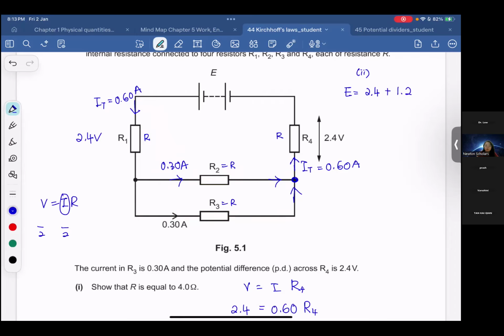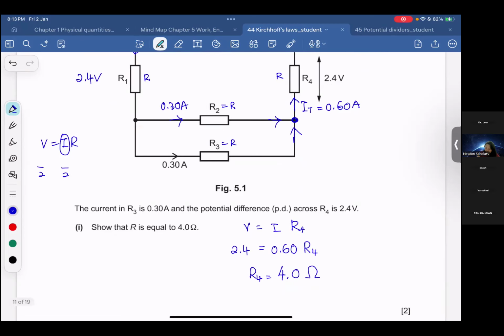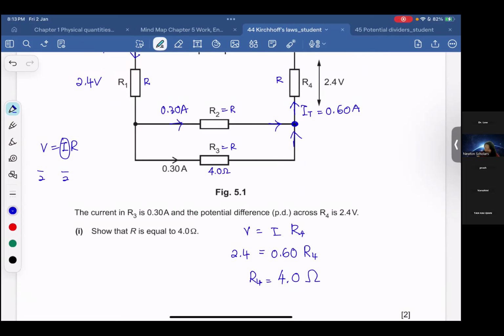If you still don't know, it's okay. Just now, you did the calculation and found out that R is 4 ohm. So V equals IR, R3 and I3: the current is 0.3 times 4, your answer is 1.2 volt. See? You can also do the calculation to find out.